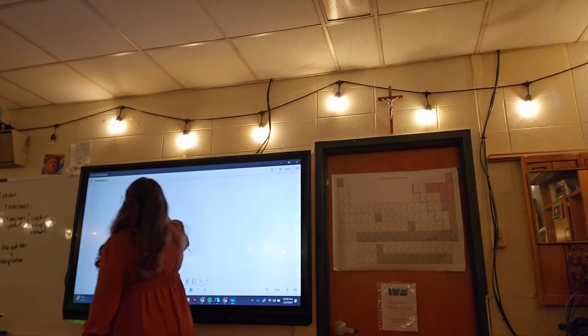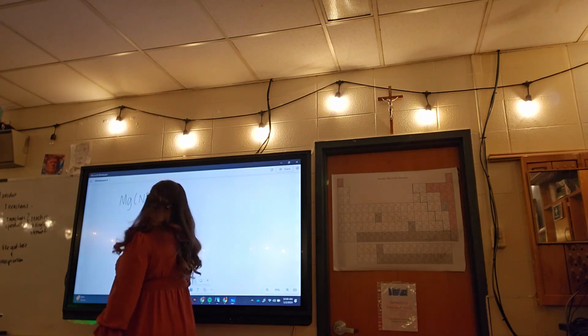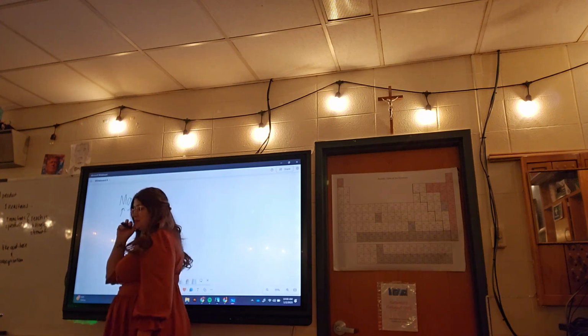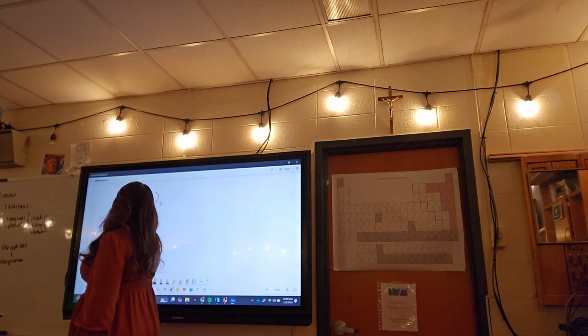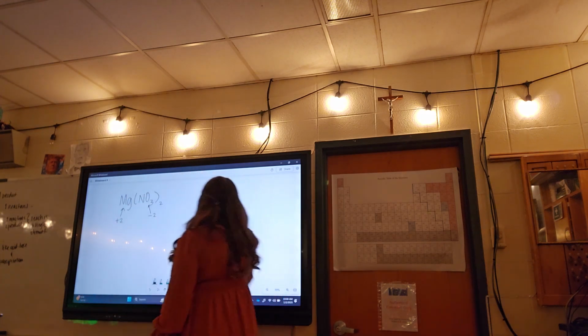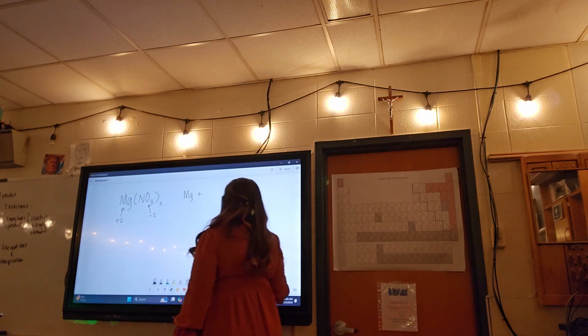So what is the oxidation number of oxygen? Minus 2. What is the oxidation number of magnesium? It's plus 2. Okay, so we can still do our same algebra as before. We have only one magnesium ion or atom in this compound.